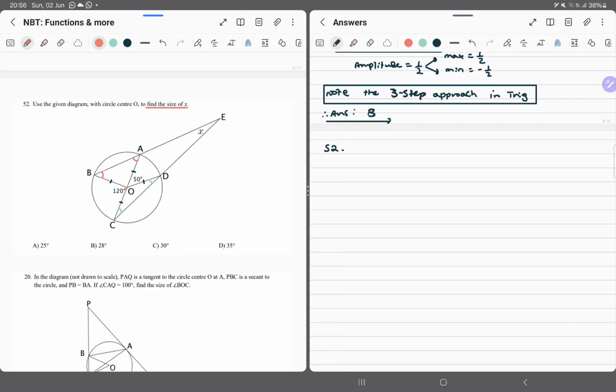Now let's look at these triangles here. So if we look at this yellow triangle, we can see that x and that angle C essentially will give us that angle BAC, which is the exterior angle of that triangle. Okay, but now how do we find angle C in this scenario?